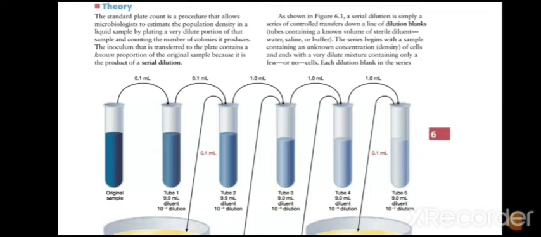Then these plates are incubated at 30 degrees Celsius for 18 to 24 hours. After incubation, the bacteria will develop colonies on the SPC agar plate, and the next step is to choose a plate which has a countable number of colonies.